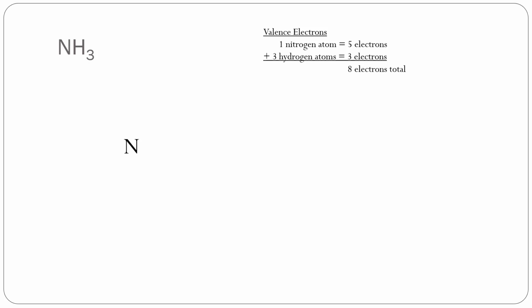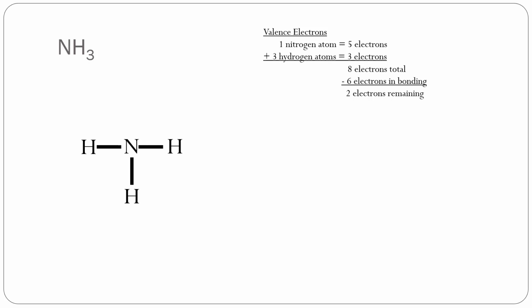Anywhere around the nitrogen, we'll draw 3 hydrogen atoms. And we'll draw the connection to show the covalent bonds. Here, there are 3 lines between nitrogen and the 3 hydrogen atoms. These represent the covalent bonds, or shared pair of electrons. 3 bonds means there are 6 electrons in bonding. That leaves us with 2 electrons remaining.